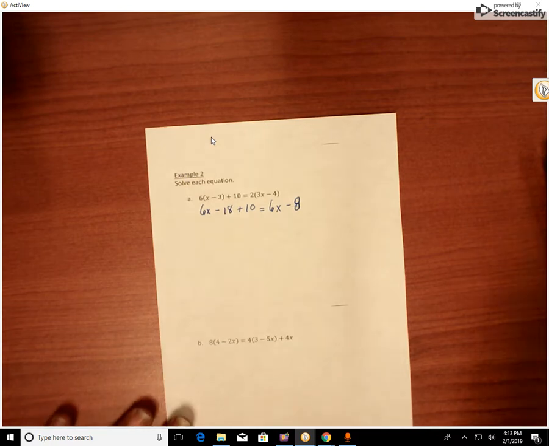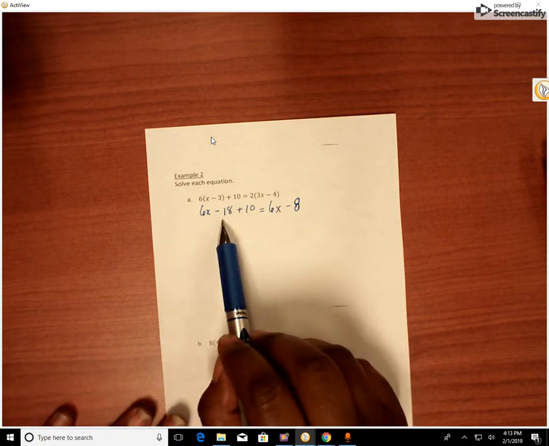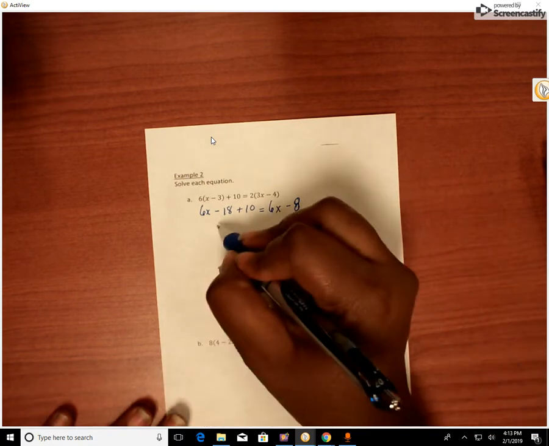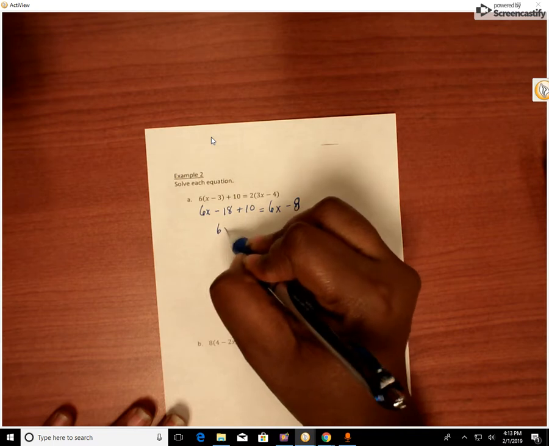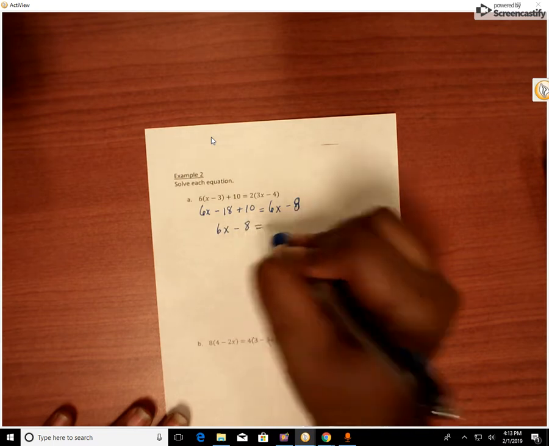Sometimes people forget to distribute, right? So don't you forget. So you have negative 18 and 10. Negative 18 plus positive 10 gives me a negative 8.